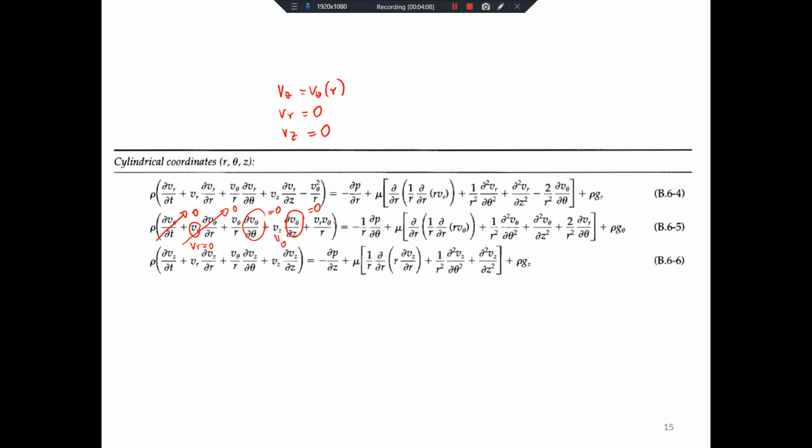And v_r is 0. So what I have on the left-hand side is rho times 0. That has to be equal to, I assume that pressure does not depend on theta, because there's nothing really to change the pressure in the theta direction. So basically, I'm going to have minus 0 plus mu.